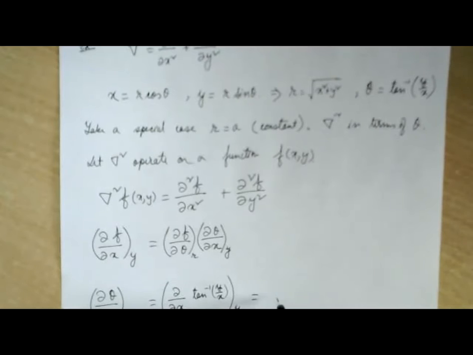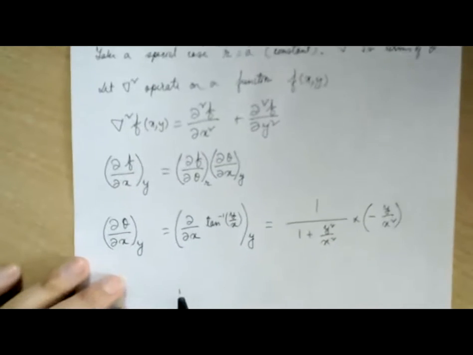So this is 1 divided by 1 plus y square by x square, and then we differentiate y by x with respect to x again, and this will give you minus y by x square.